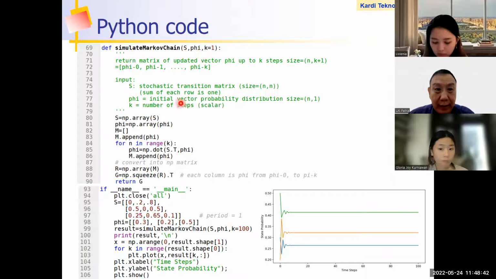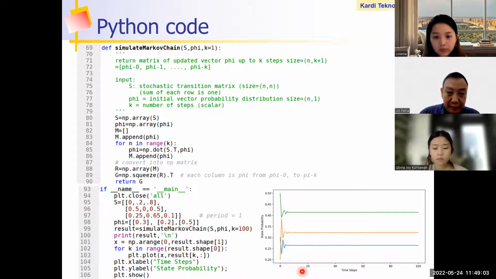K is the number of steps that you want. In this example, I give S, and this is the V0. If you simulate this, this is the result. I plot this result, and you will get something like this.